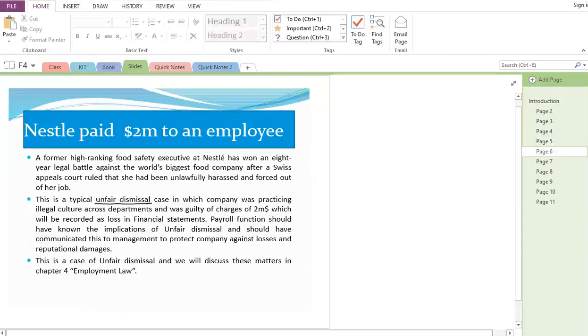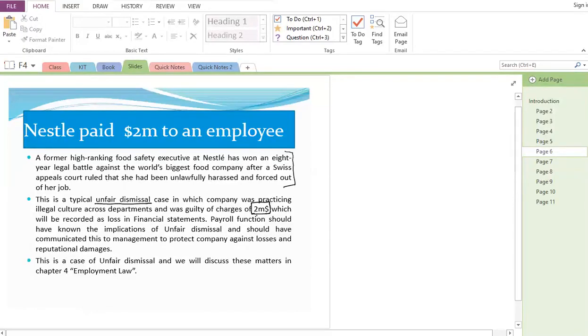If a company is involved in such events and the company doesn't know how to dismiss an employee, what will happen? These types of cases will occur again and again, and we can see the company had to pay $2 million to this employee. So this is once again a loss to the company's profits.